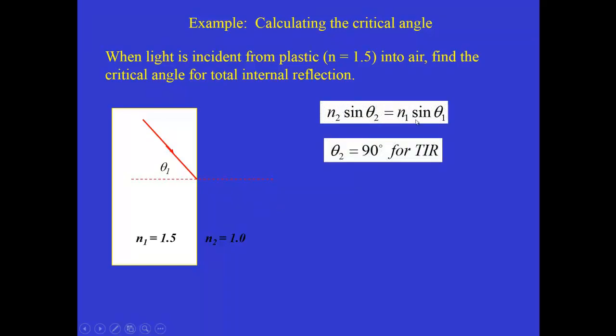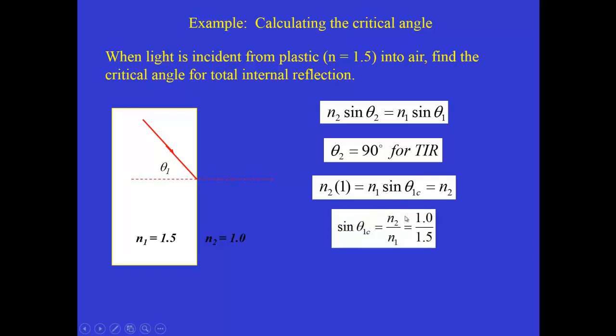So we take Snell's law, and then the second medium, which is medium 2 here, we set that angle equal to 90 and plug it into Snell's law, and so that would tell us that n1 times 1 is equal to n1 sine theta 1c, and we'll label this angle theta 1 critical because it's got a special value. And all we have to do now is solve for that angle using the two indices of refraction in the problem. So sine theta 1 critical is 1 over 1.5, and if we solve for the angle, it's 41.8 degrees.